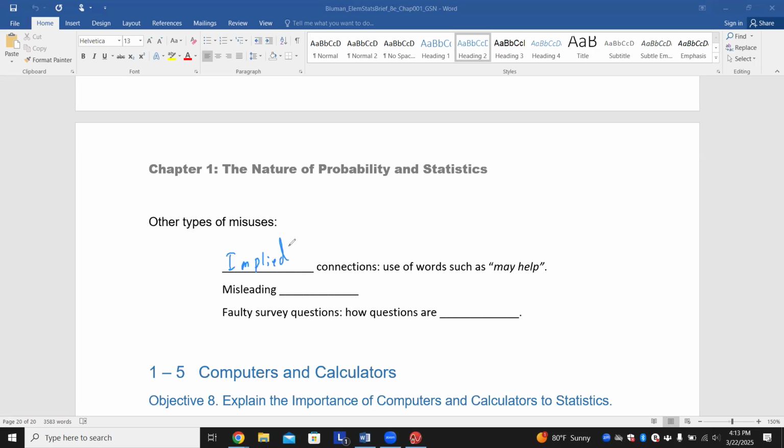This toothpaste may help your teeth become whiter, right? You might go, oh, good, I need this toothpaste, it's going to be whiter, but it may help you. The people that we saw, it did get whiter for 2 out of 20 people. So it may be you're the 5%, right? So it's implied connections.